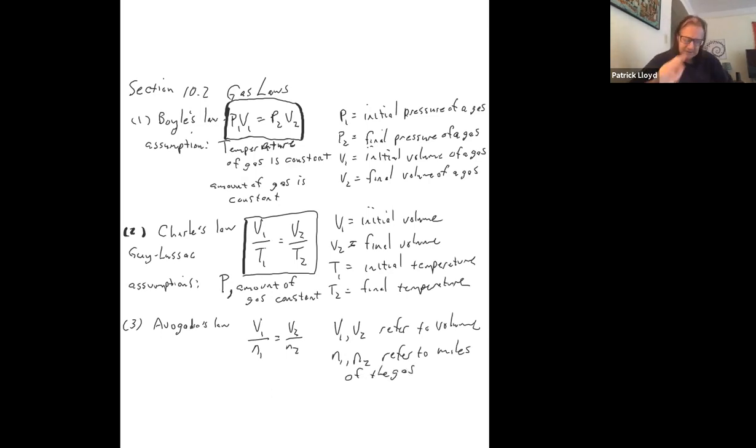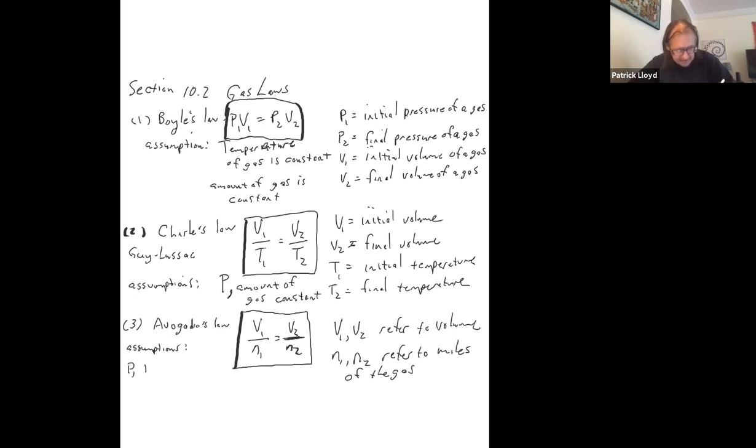So this one says that the initial volume of the gas divided by the number of moles of the gas is equal to the final volume of the gas divided by N2. So the final volume divided by the number of moles of gas. So you can see here, this one has moles of gas. So the amount of gas is changing, okay? So again, we have assumptions here.